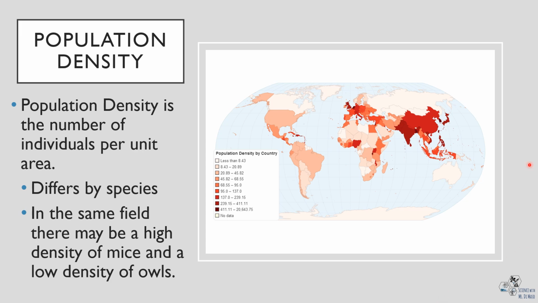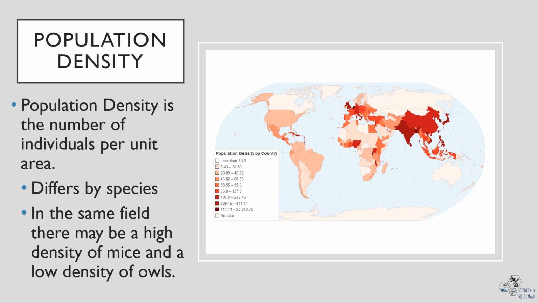So in a place like China, you're going to have a lot more people, so there's a lot less land that they can occupy because they have that higher population. Whereas in Russia, there are a lot fewer people in a much larger landmass, so there's a lower density of individuals, we say.